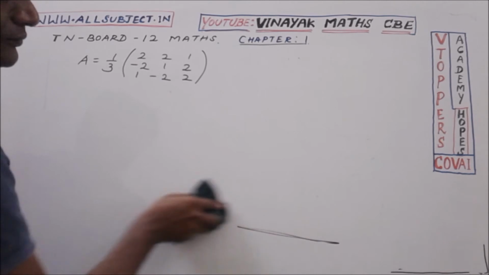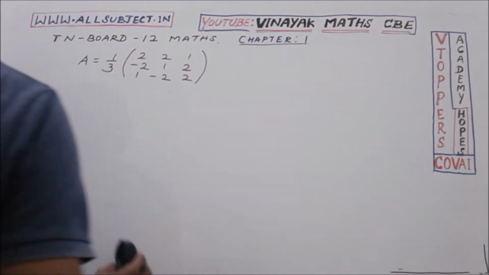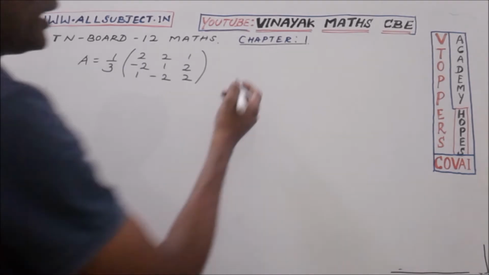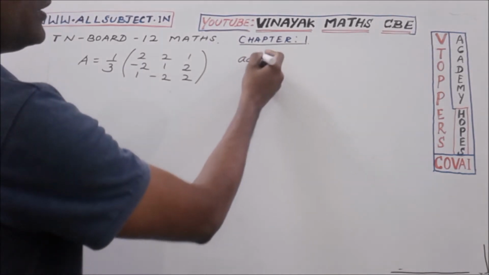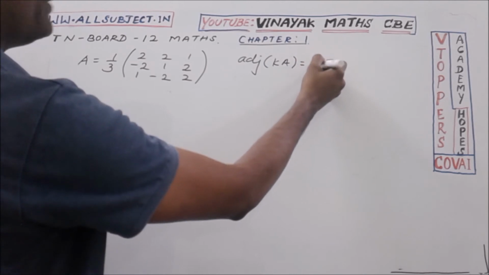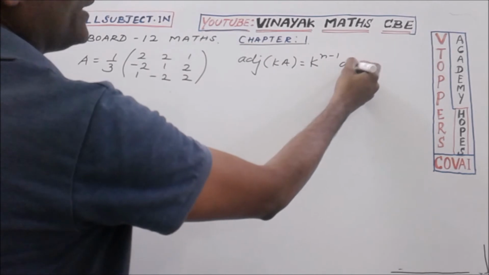Here I am introducing a formula, that is adjoint of kA equal to k to the power n minus 1 into adjoint of A.